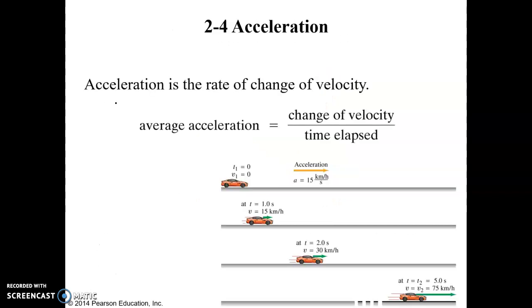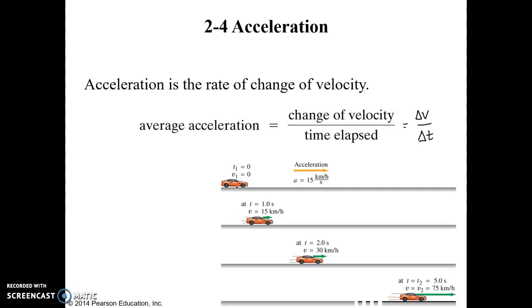So I've mentioned acceleration. Let's formally define what it is. Average acceleration is going to be our change in velocity over time, so it's going to be equal to delta V over delta T. Okay, so we're changing our velocity over some period of time.